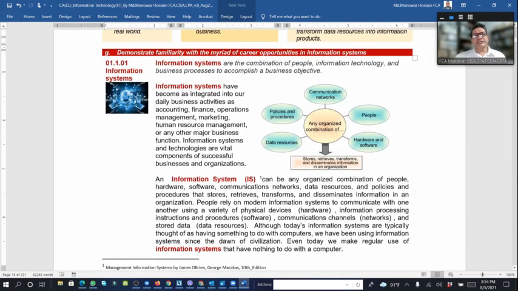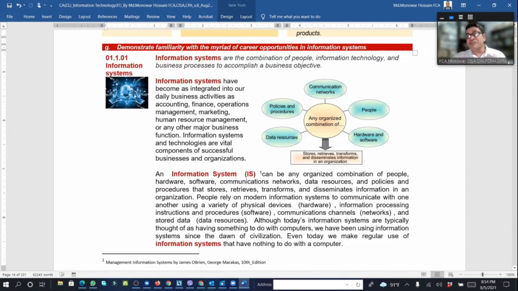So what is an information system? Information systems are the combination of people, information technology, and business processes to accomplish a business objective.